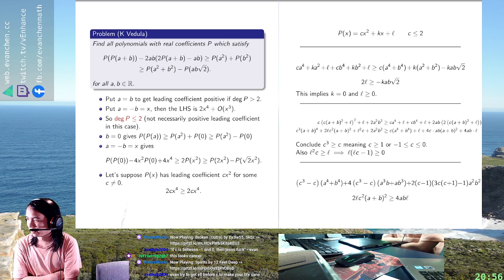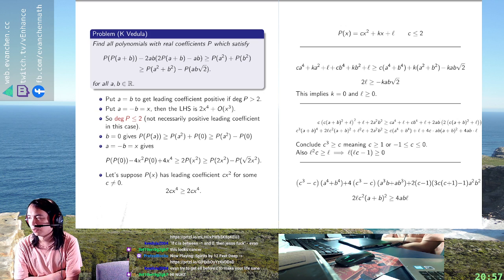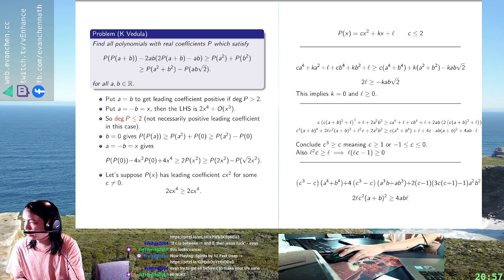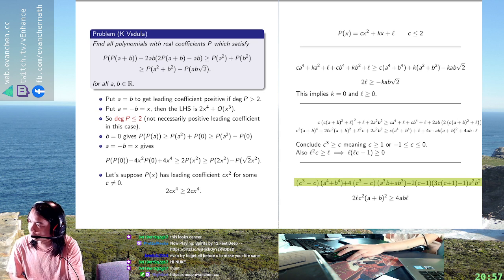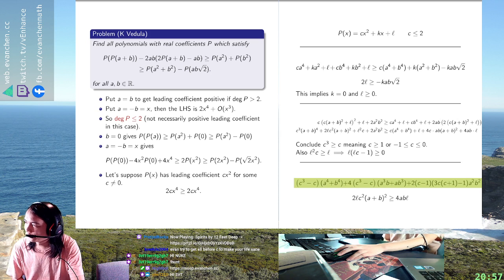There's nothing else to get, right? Like, in order for this inequality to be true... Oh, actually, that might not be correct. So, like, this thing and this thing are necessary, but not necessarily sufficient, because you could, in principle, try to mix some degree 4 and degree 2 stuff together.